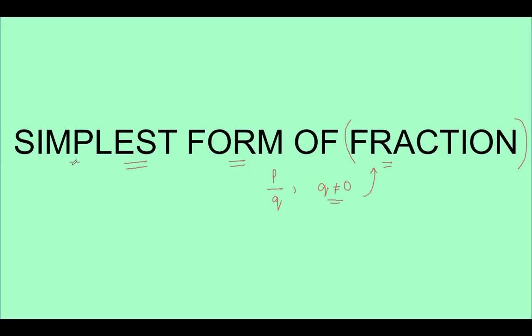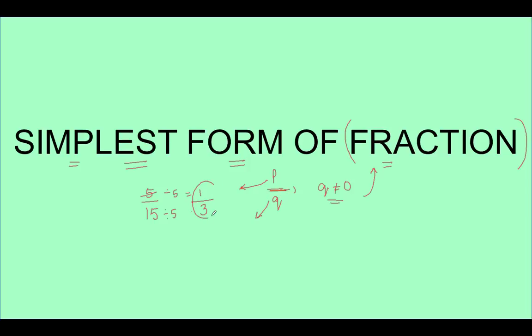When I say I have to find out the simplest form of a fraction, what I mean is that the value of p and q should be such that they cannot be divided by a common number any further. So if suppose I have 5 upon 15 as a fraction, if I divide both of them by 5, I would get 5 divided by 5 is equal to 1, 15 divided by 5 is equal to 3.